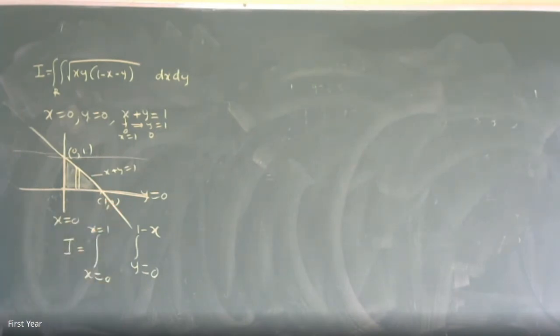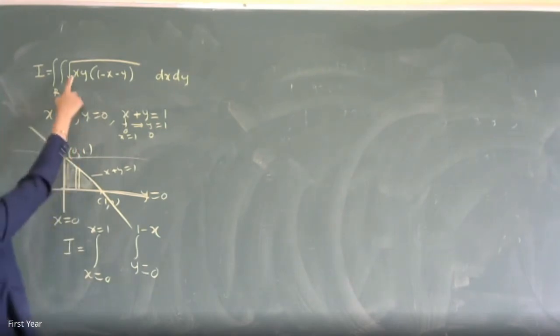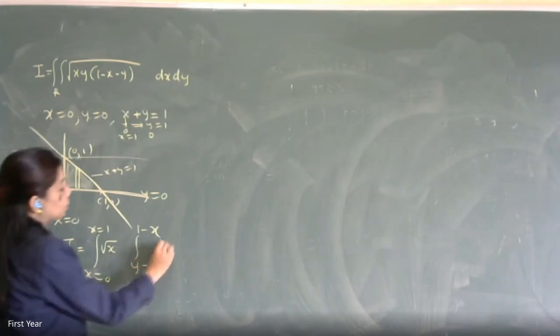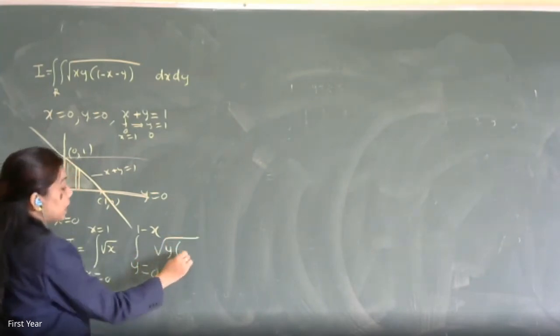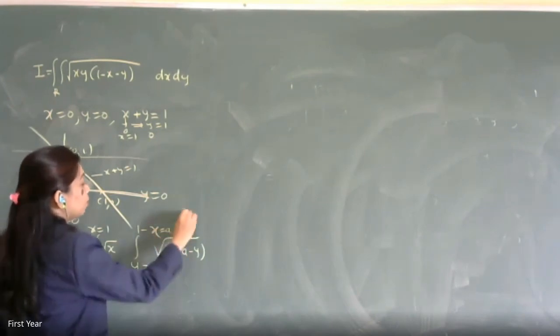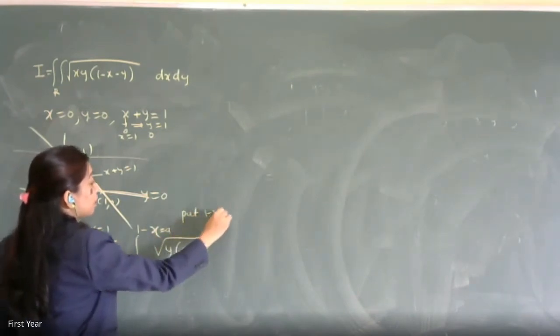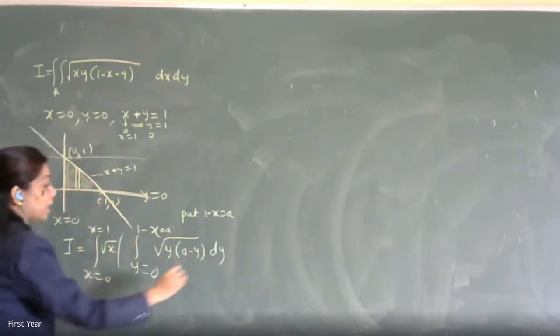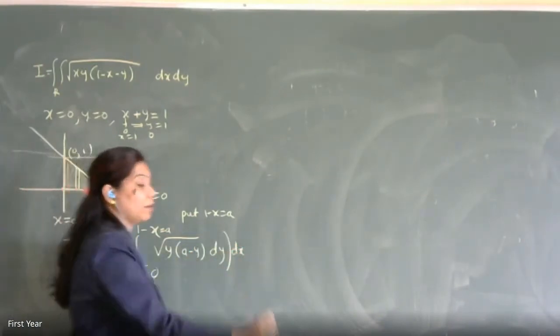Since we are taking the integration of x outside, root x is independent, you can write it outside. Inside it is y into 1 minus x, which can be written as a. Because it is constant, 1 minus x is equal to a. So the answer I have is integration with respect to x.